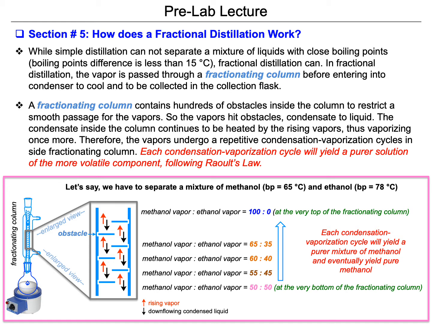So vapor heats obstacles and condenses to liquid. This condensate inside the column will be turned into vapor again by the rising vapor.